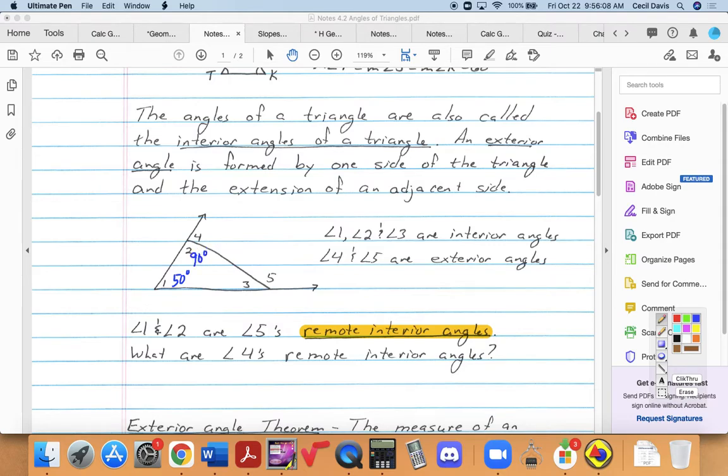Okay? So if we know those two angles, can we find angle 3? Yeah. So if I add 90 and 50, that makes 140. Subtract that from 180, and then you get what? 40. Then could I find angle 5 from that? Yeah.